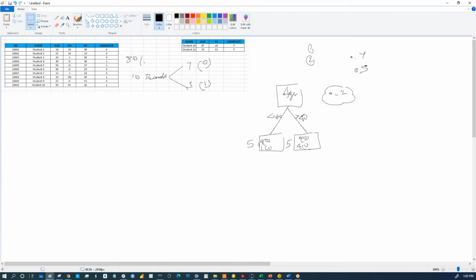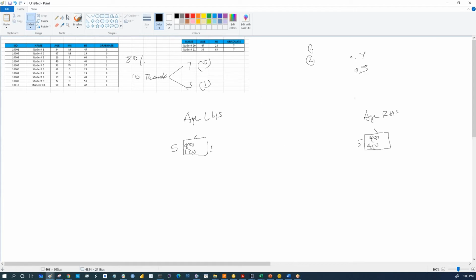Okay, and now let's take a look into this part in here. So we got age, left hand side, and we got age, right hand side. Now we are going to split on age.